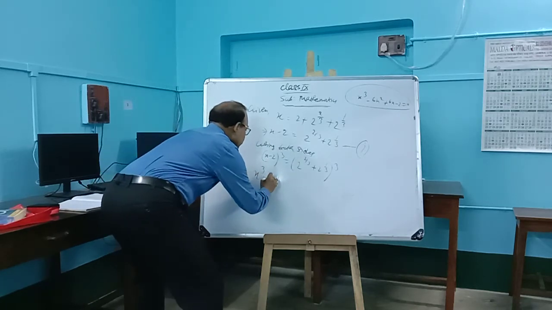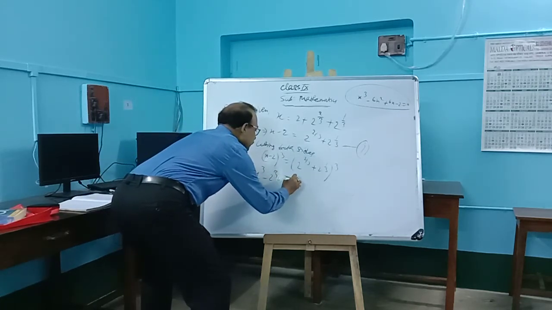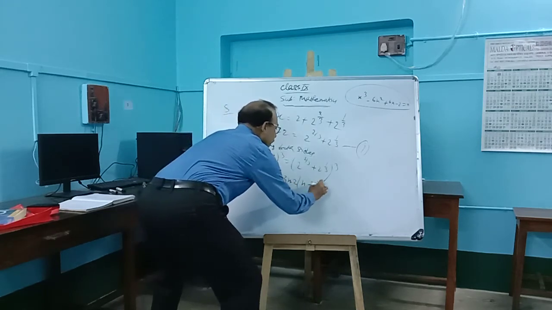So (a minus b) cube is a cube minus b cube minus 3ab(a minus b).